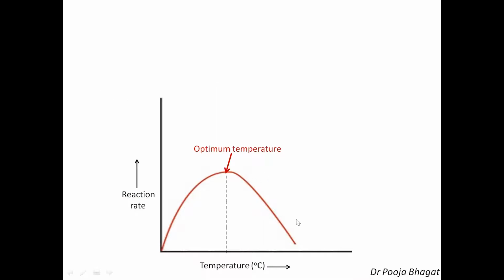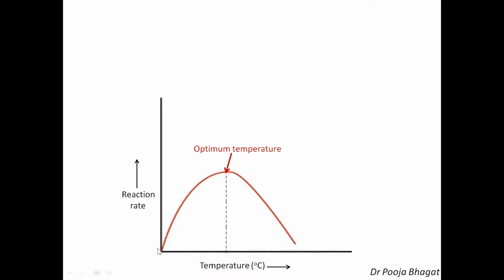This is the shape. So as the temperature increases, rate of reaction initially increases. So why does the rate of reaction increase? Because as temperature increases, kinetic energy of the molecules increases, and as the kinetic energy of the molecules increases, number of effective collisions increases. So more and more products are formed and hence rate of reaction increases.